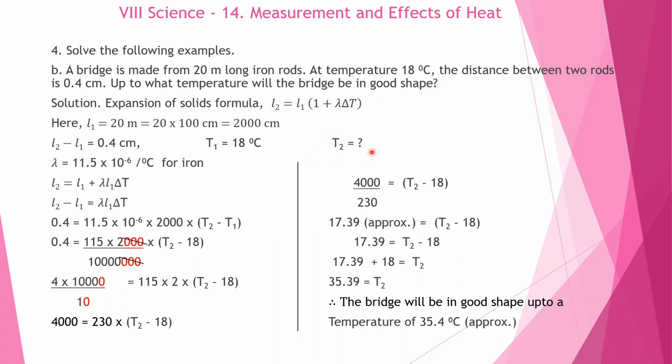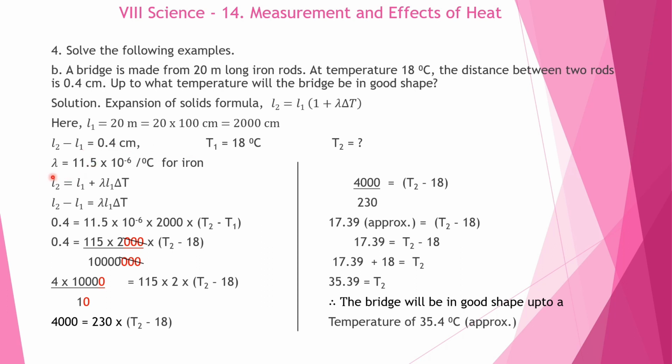Means T2 is not given to us, children. L1, the first length, is 20 meter, which we have written as 2000 centimeter. First temperature T1 is 18 degrees Celsius. We have written distance between two rods means L2 minus L1 is 0.4, and T2 is not given to us. So let's see.